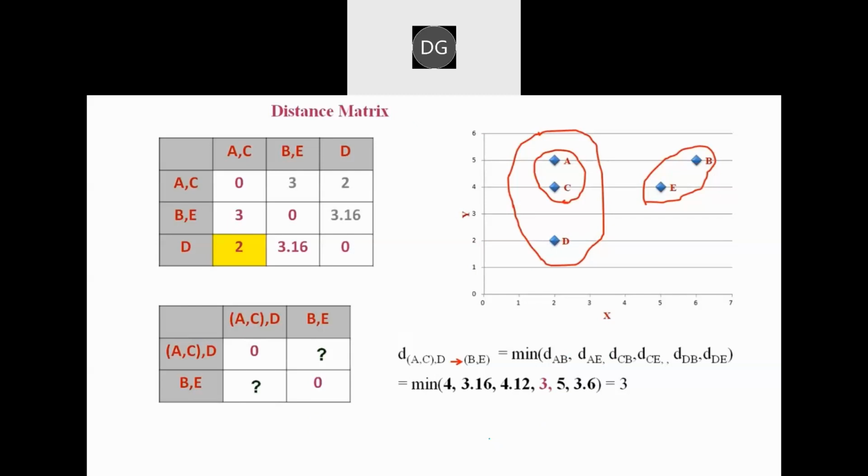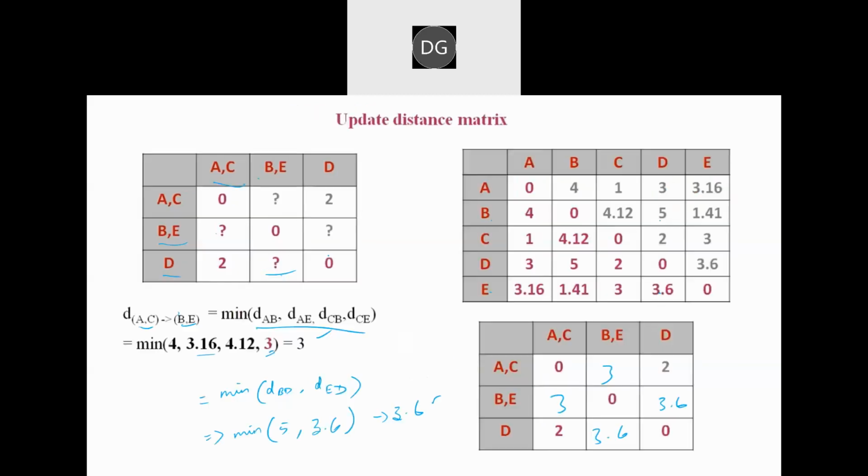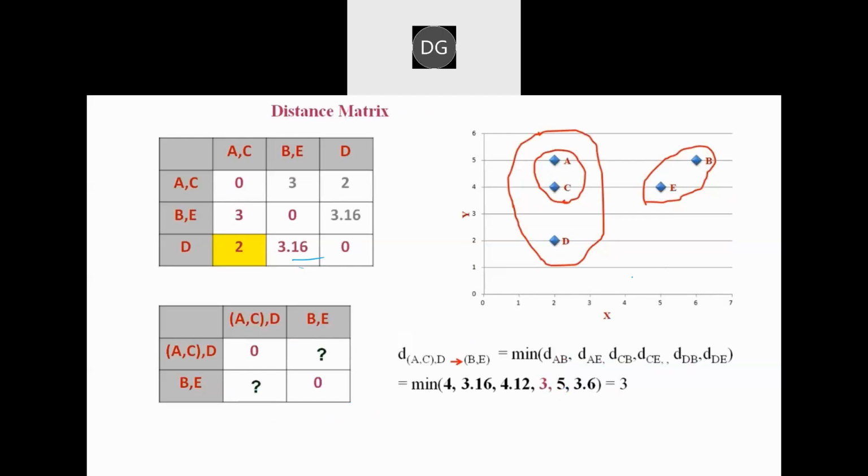Okay, I think somewhere I have made a mistake, 3.16. Okay, you just check it out. Then from here, if I choose the minimum value, 2 is going to be the minimum value. Okay, even if it is 3.6 or 3.16, anyways 2 only I'm going to take.